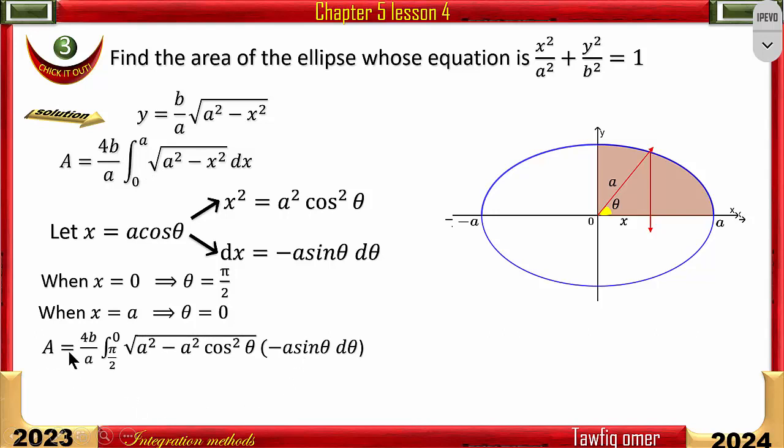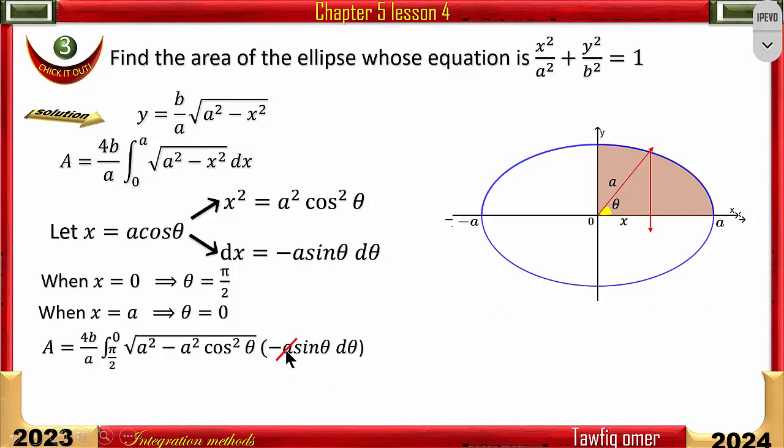So A is equal to 4 over b, integration from pi over 2 to 0, because when x is 0, theta is pi over 2, and when x is a, theta is 0, square root of a squared minus a squared cosine squared theta, minus a sine theta d theta.